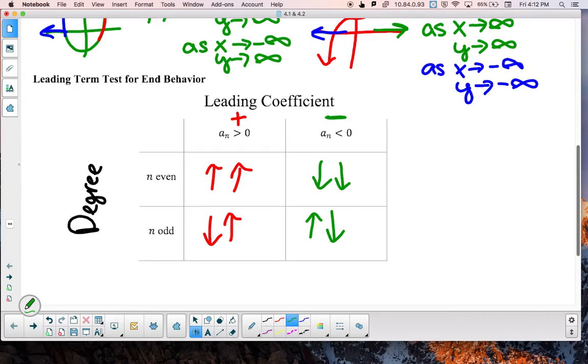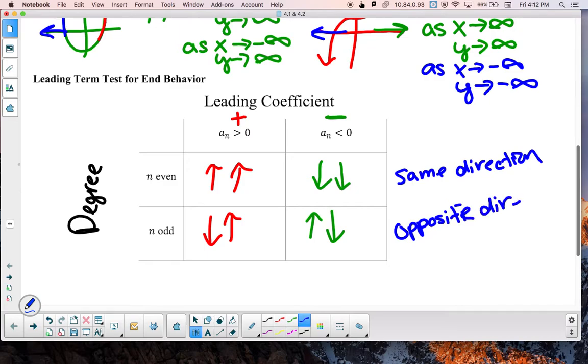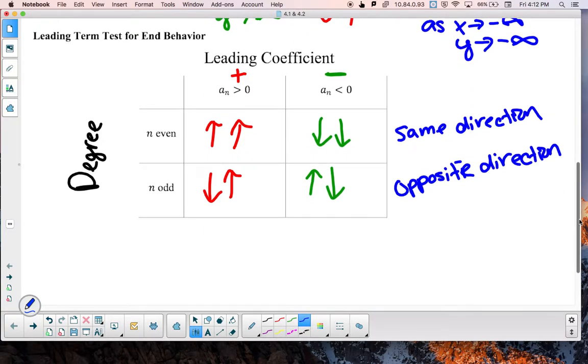Some shortcuts for this: if we have an even degree, the ends are going to go in the same direction, so either up, up, or down, down. If it's odd, it's going to be in the opposite direction. If we have a positive leading coefficient, that means it's going to end up.